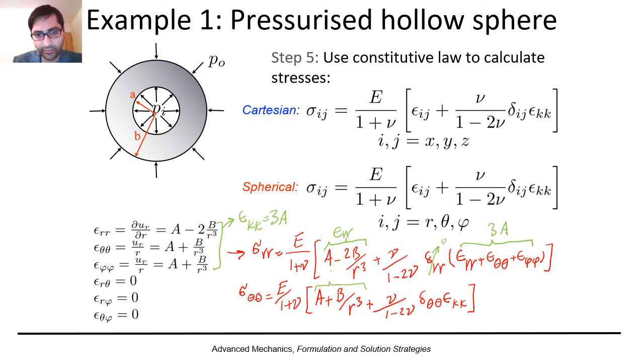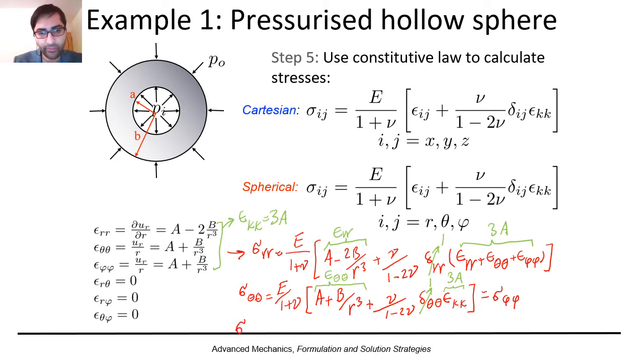Again, this is epsilon theta theta. Delta theta theta is 1. Delta rr is 1 as well. And epsilon kk is 3a. The same we have for sigma phi phi.